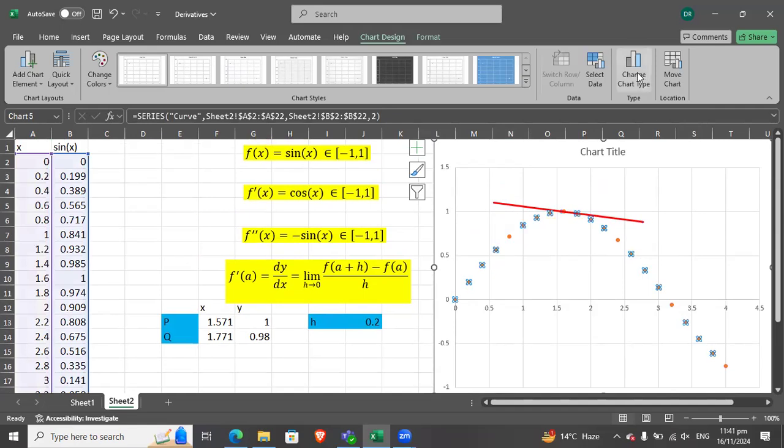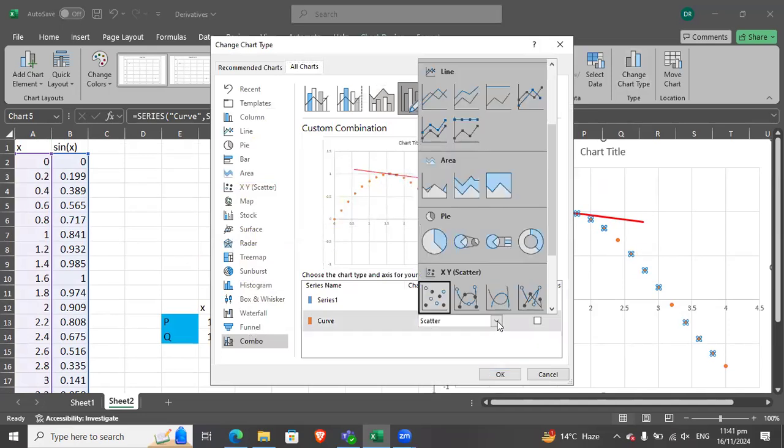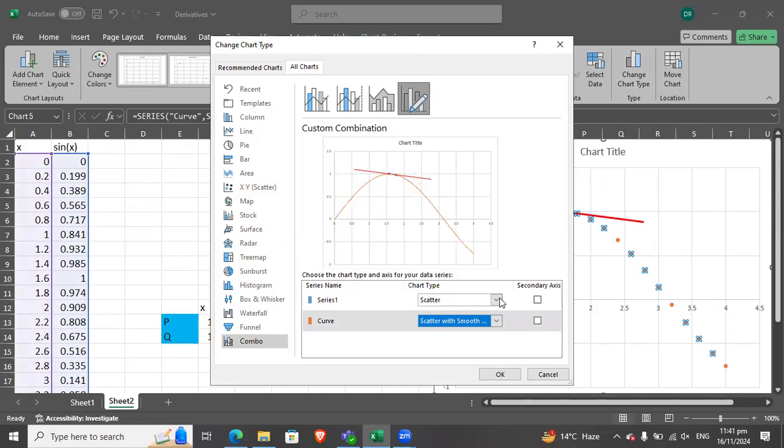So I have to change it so the curve is plotted as a solid curve.